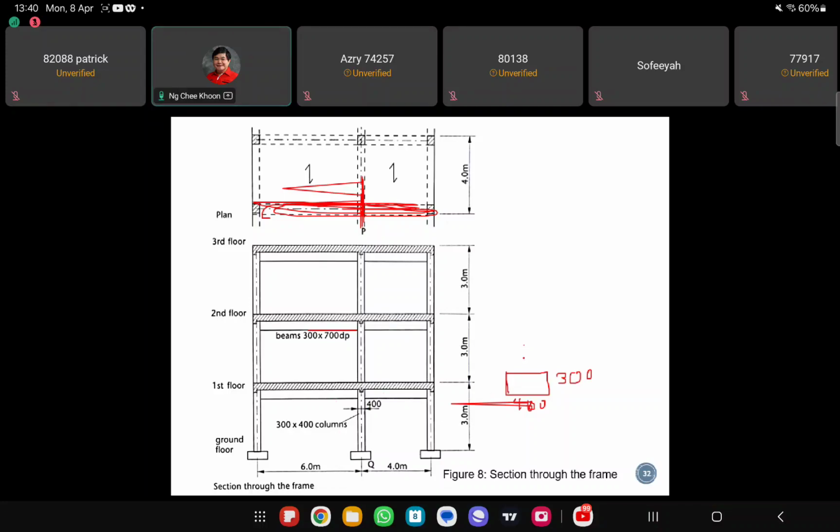So we're actually calculating about z-axis bending, isn't it? So z-axis bending, the H is 400 mm, right? So all these are about major axis bending, yeah?